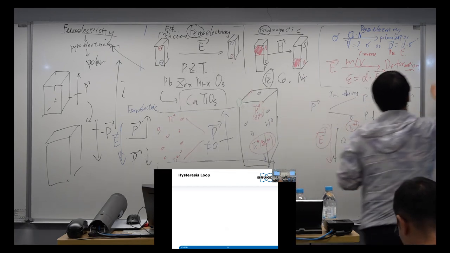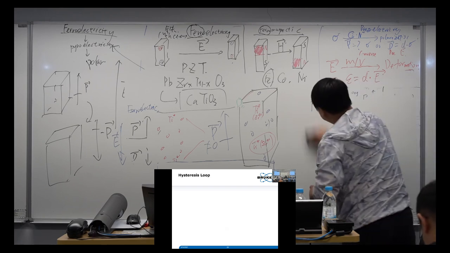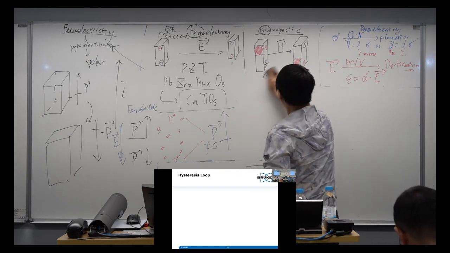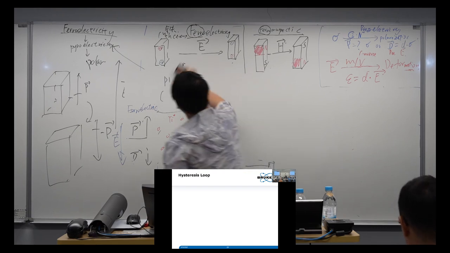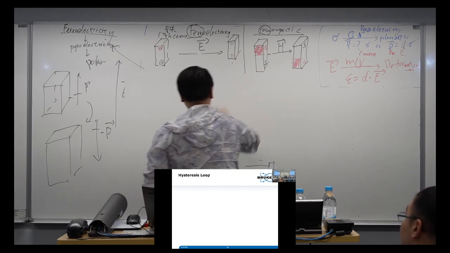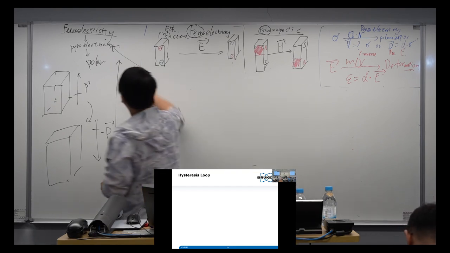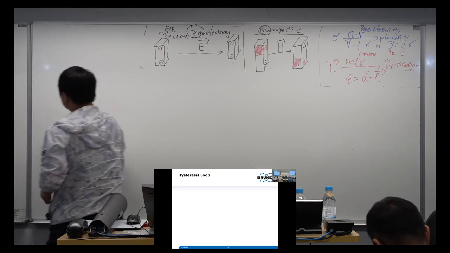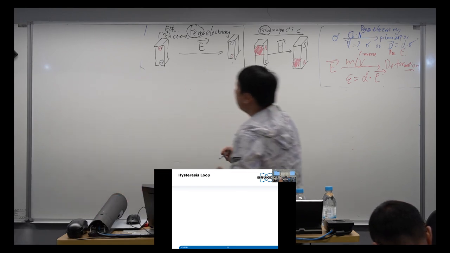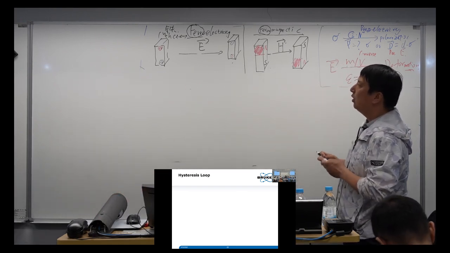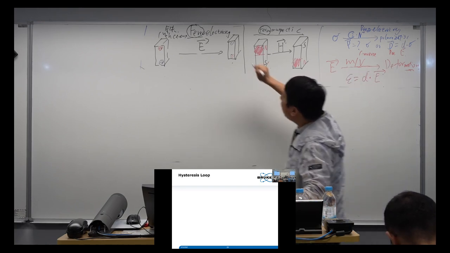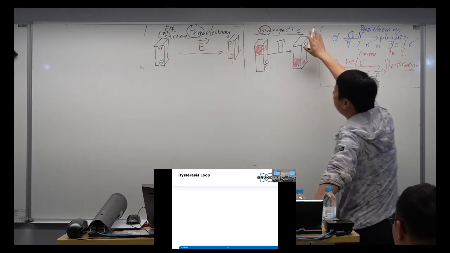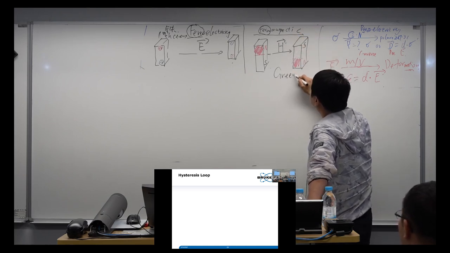So let's just imagine why this ferroelectricity was discovered in the 19th century, but the ferromagnetic was discovered in ancient Greece.